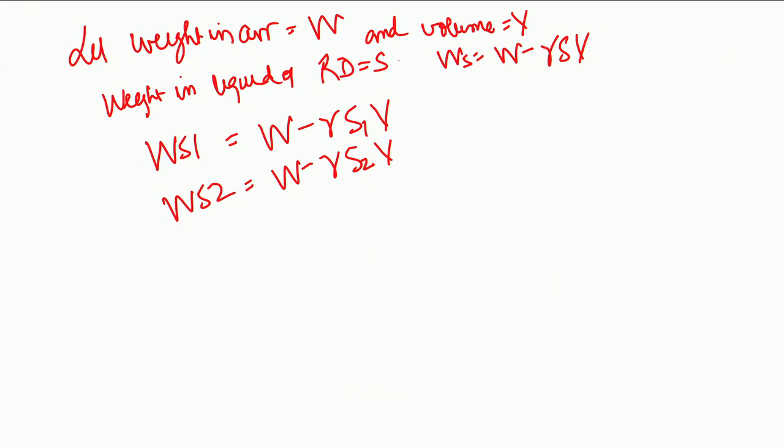So what we do is we simply subtract the first from the second, so Ws2 minus Ws1 is equal to gamma V into S2 minus S1.